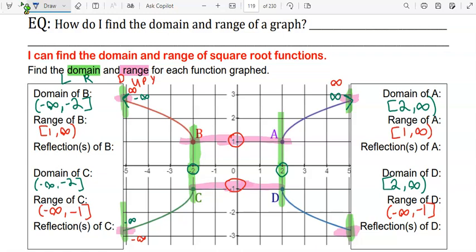Let's find the reflections. The reflections of B from A. We're going to say it's from A, so this one we'll say that there's no reflections. Now B, it flipped over this axis right here.